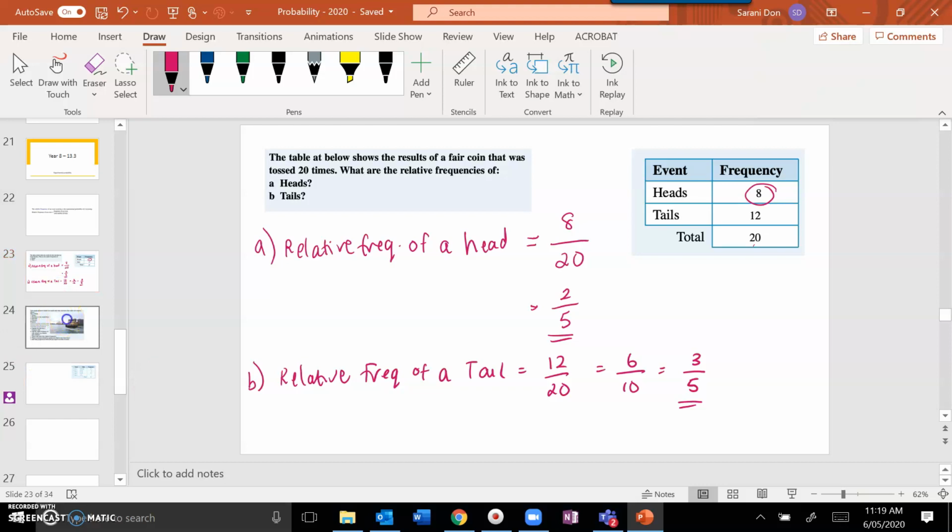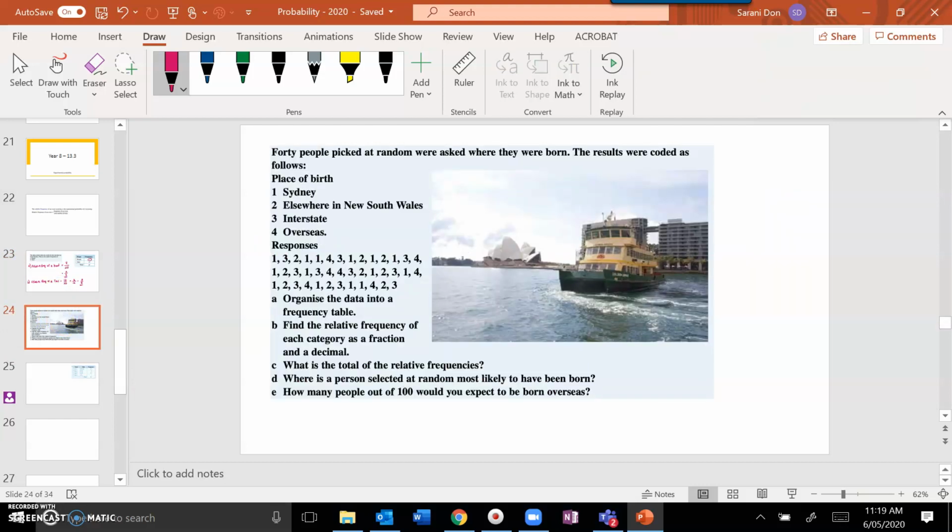This next question is slightly harder. I know it seems like a lot of information, so let's read through it slowly first. Okay, 40 people picked at random were asked where they were born. The results were coded as follows. The places of birth were Sydney, elsewhere in New South Wales, interstate and overseas. So these were the responses given here.